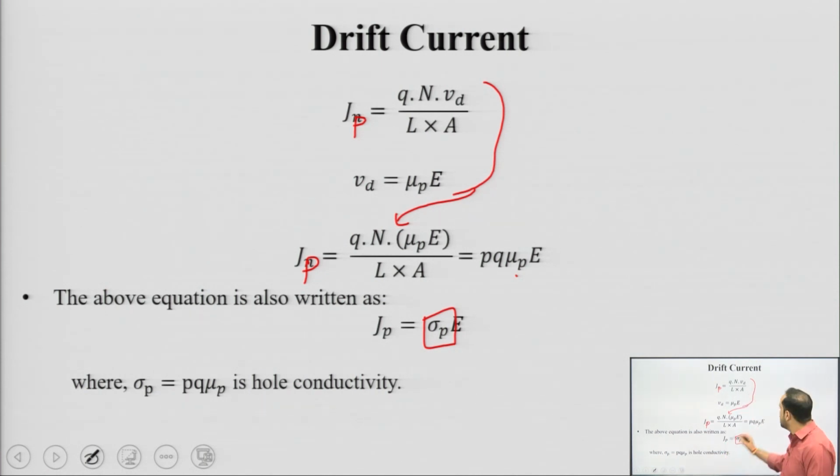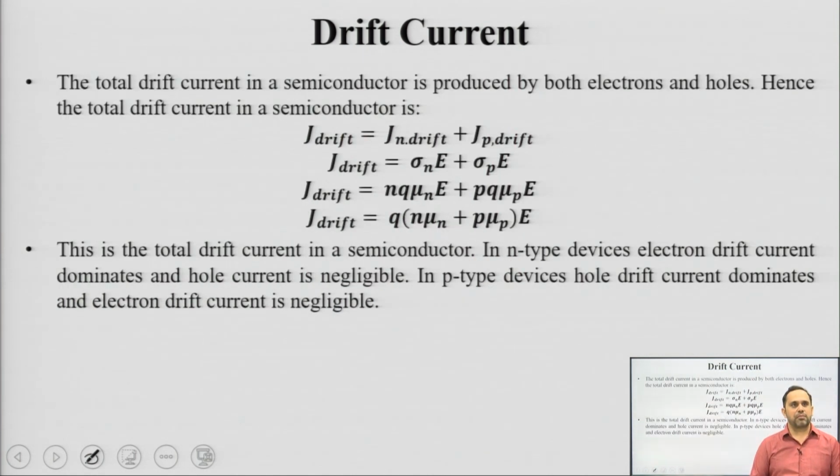Why is this conductivity? Because it is taking the concentration, charge and mobility. All these parameters basically tell you how conductive the material is. So, if I combine these two equations, the total drift current in a semiconductor is produced by both electrons and holes. The electron drift current is sigma n E, the hole drift current density is sigma p E, where sigma is n q mu n for electrons and p q mu p for holes.